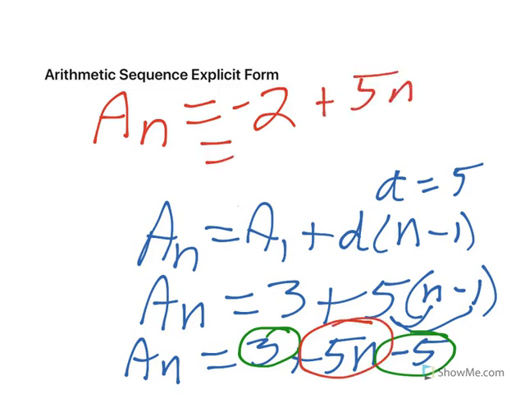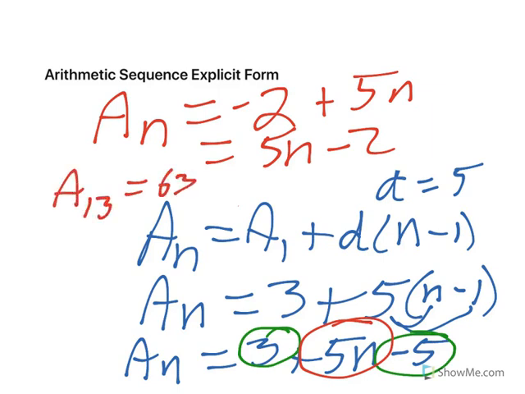Or if you want to do it the other way around, 5n minus 2. Either way is fine because it'll give you the same thing. And now if you say I want to find the 13th term, you just plug in 13 for n. So 13 times 5 is 65, minus 2 is 63. So a sub 13 equals 63.